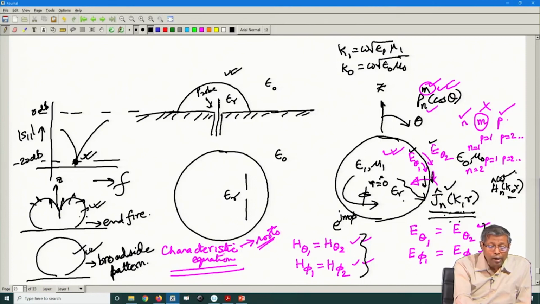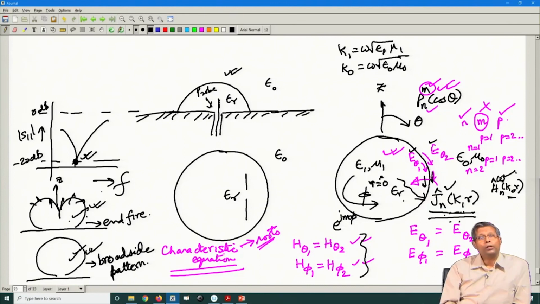Then you have to identify which kind of modes lead to this kind of pattern.